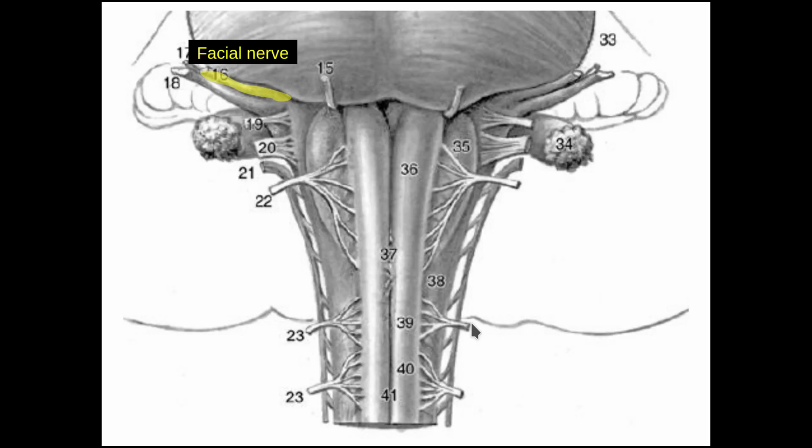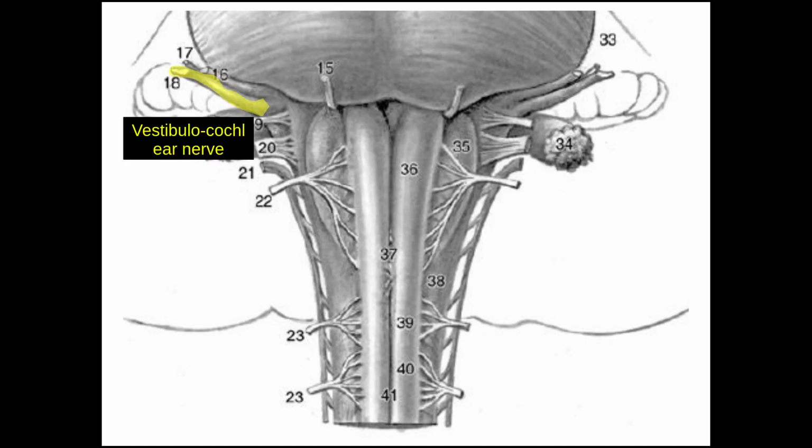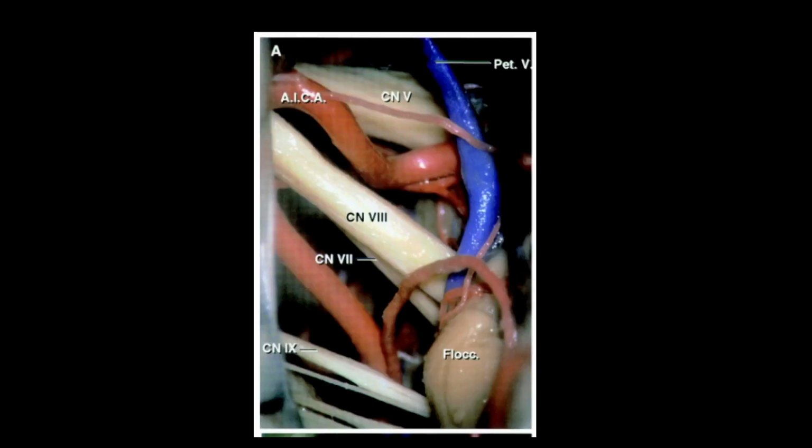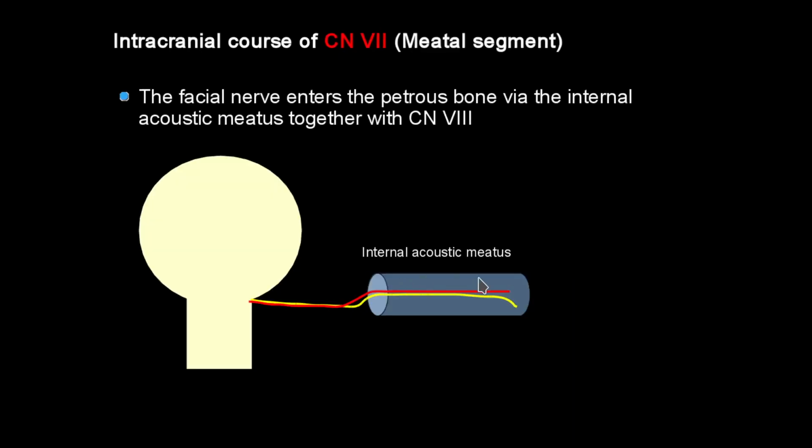Seventh nerve, eighth nerve will have their own shared exit. So they're very close to each other as they exit the brainstem, and they'll still remain very close to each other as they exit the skull, inside the internal acoustic meatus. So that's where they end. That's where they part ways.